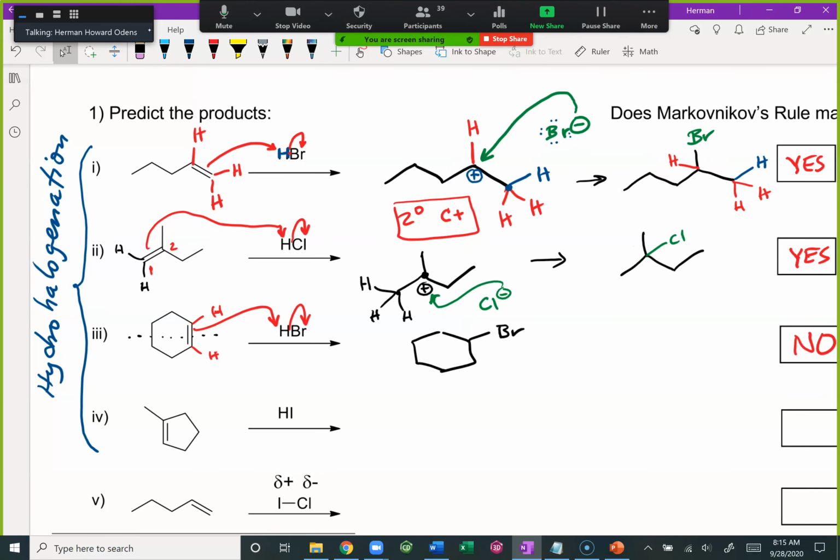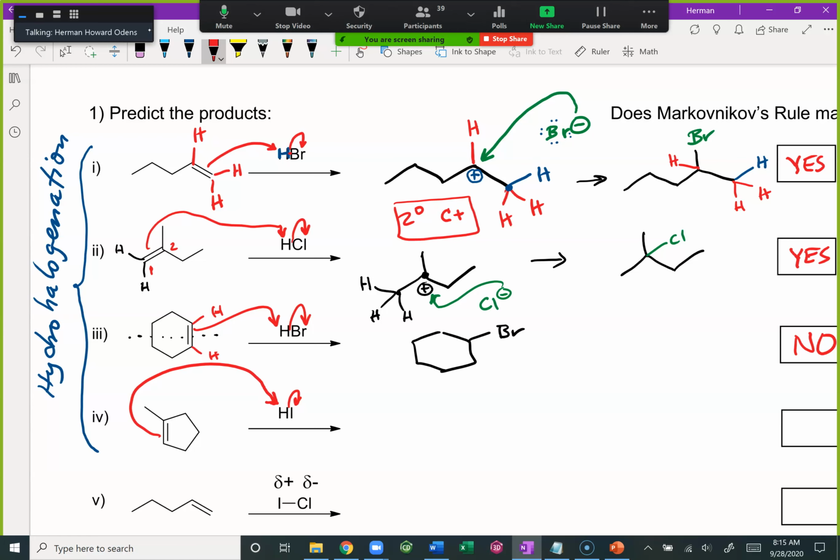I have a double bond, and then I'm going to add hydrogen iodide. So this is going to attack the hydrogen. This double bond attacks, and then the iodine is going to grab the 2 electrons.